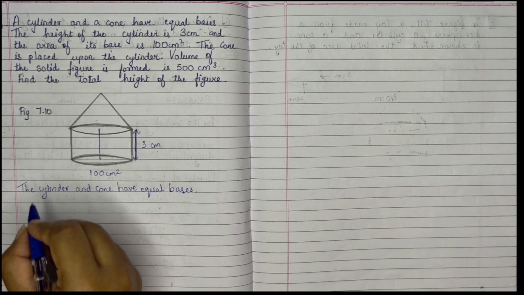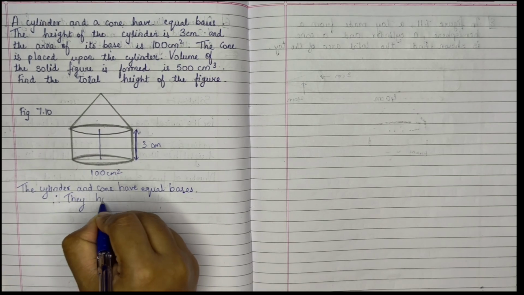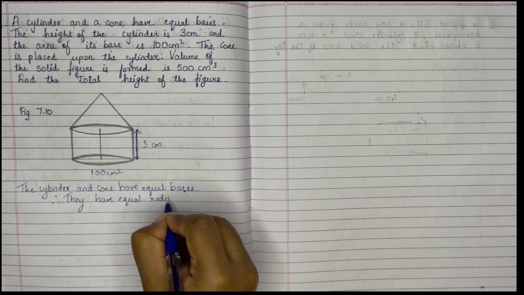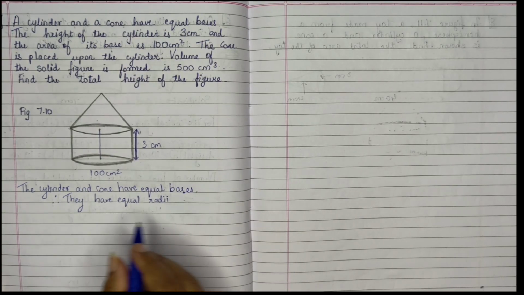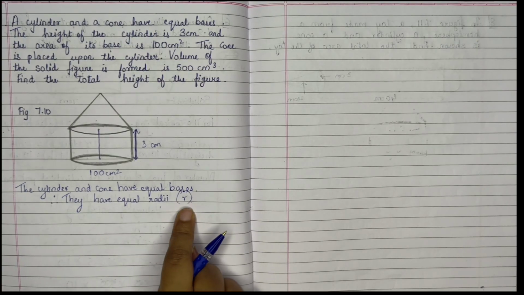That means they have equal radii. So now let the radius be r.